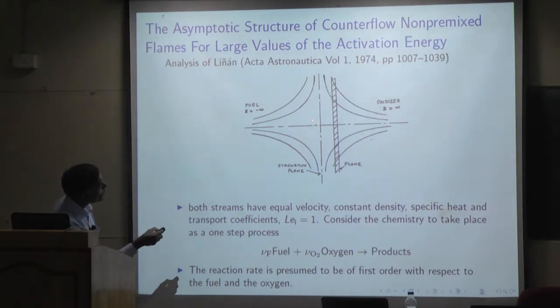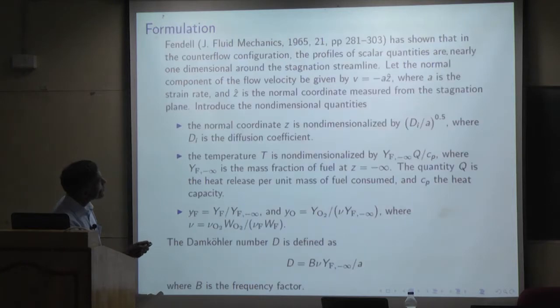Okay, they do not depend on the radial coordinate. So that was an analysis which was in Fendell's paper. Whereas of course the flow field is two-dimensional, but the scalar field is one-dimensional, right? So we'll make that assumption, all right?